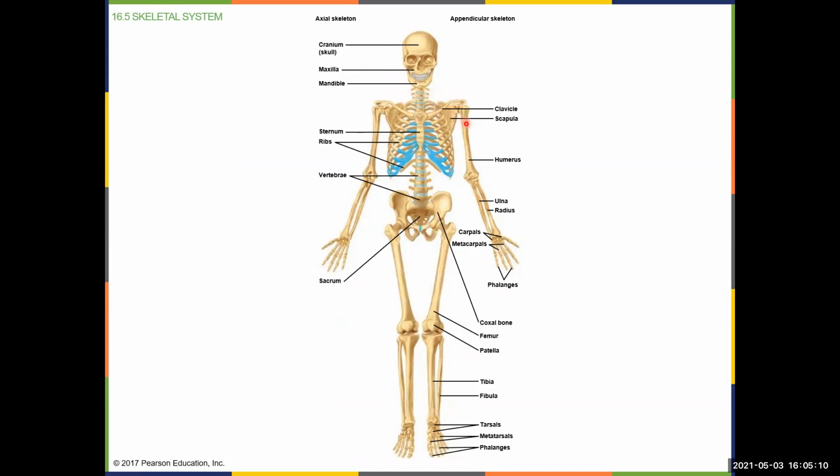You have your clavicle, your scapula, your sternum, your ribs, your humerus, your ulna, your radius, your carpals, metacarpals, phalanges. You have your coccygeal bone, your sacrum. You have your femur, patella, and your tibia. Then the smaller one is your fibula. And you have your tarsals, your metatarsals, and your phalanges.